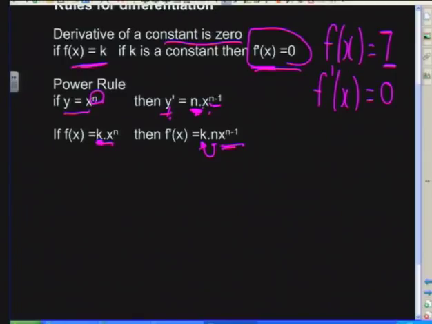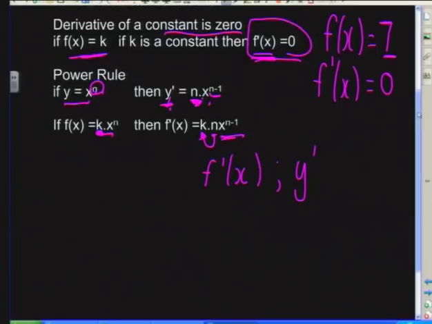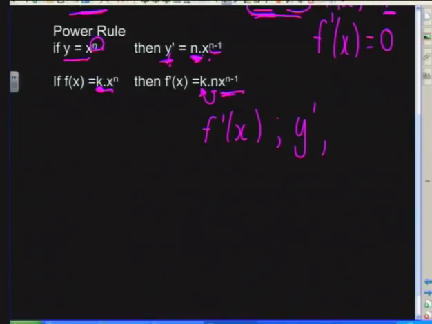While we're on this, I just want to show you the different ways, because you'll see I've written f of x and I've got f dash x, and suddenly I'm using y prime. So some of the different ways to represent the derivative: the common one, f dash x. We also use y prime, or g dash x, depending on your function. Another way that you'll often see is dy over dx.